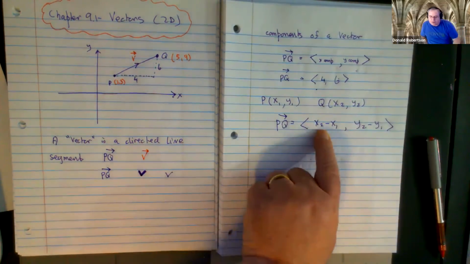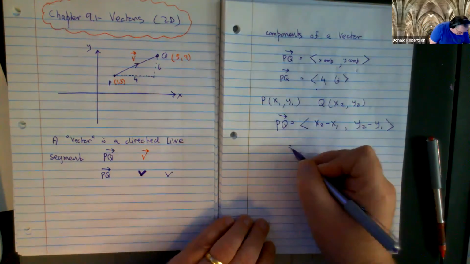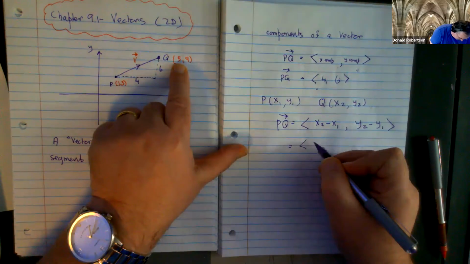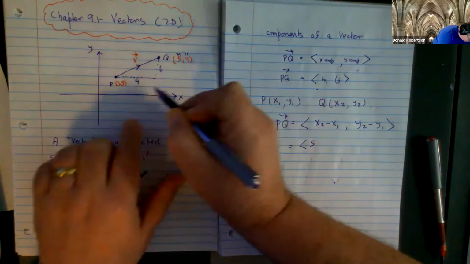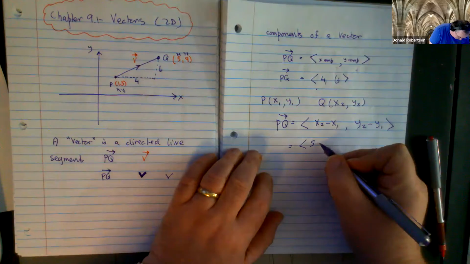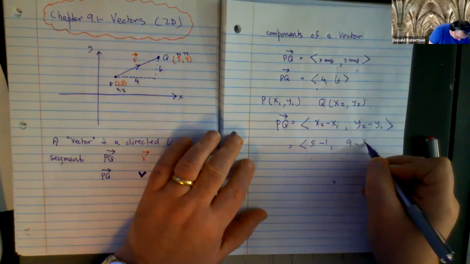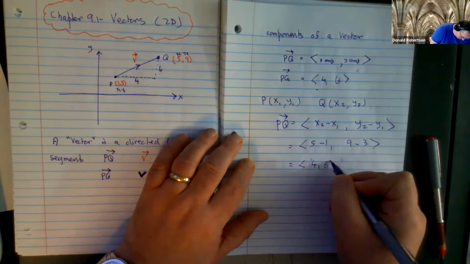Notice the order of the 2 and the 1. So if I did this example here, Q is (5, 9), which is x2, y2, and P is (1, 3), which is x1, y1. So it'd be 5 take away 1, and 9 take away 3. Can you see that I get the same answer as I did earlier?